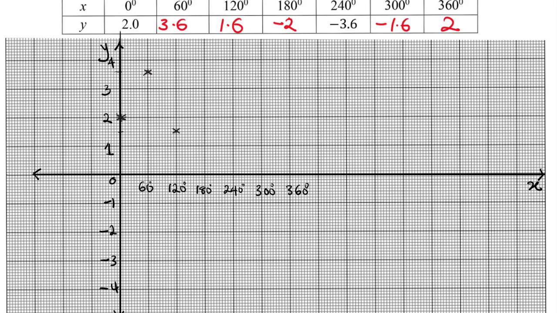The next one is when x is 180 degrees, y is minus 2. This is our 180 degrees. So y is minus 2. This is minus 2, right? They are going to meet here. The next is when x is 240 degrees, y is minus 3.6. This is 240 degrees, right?